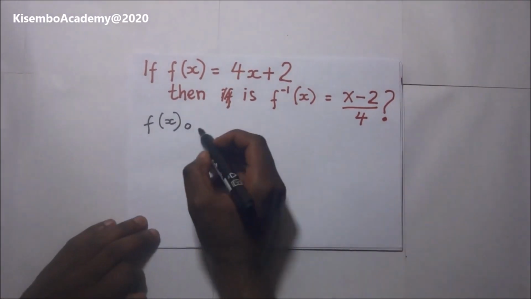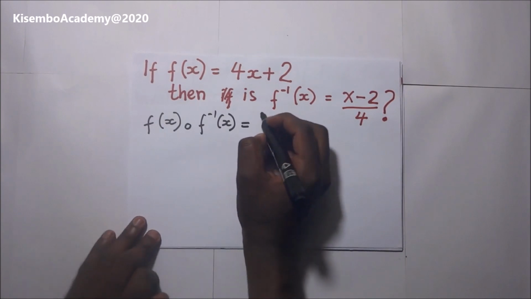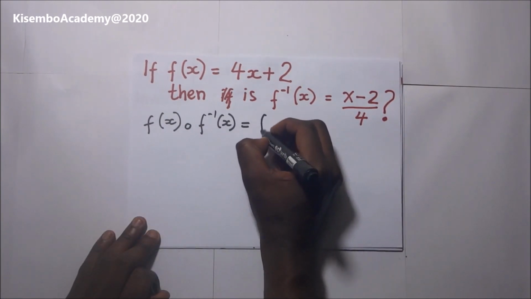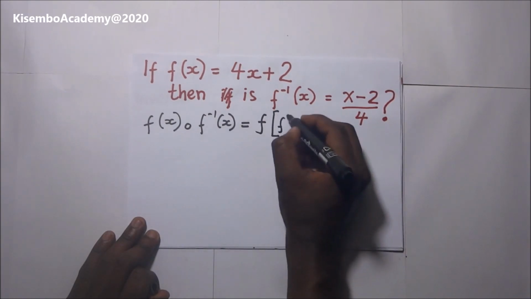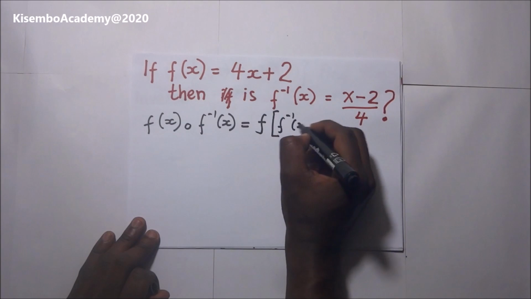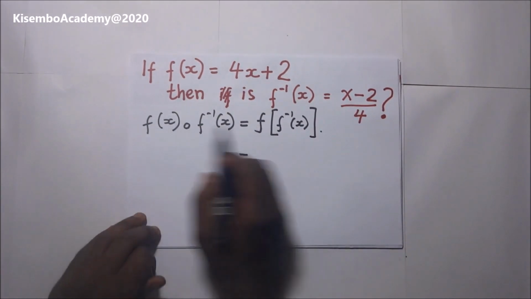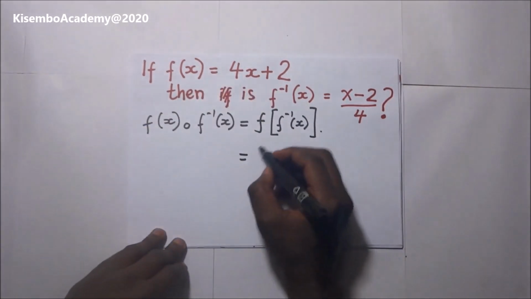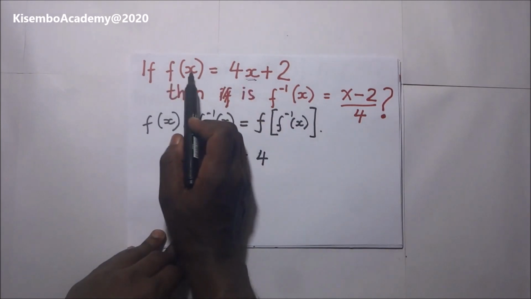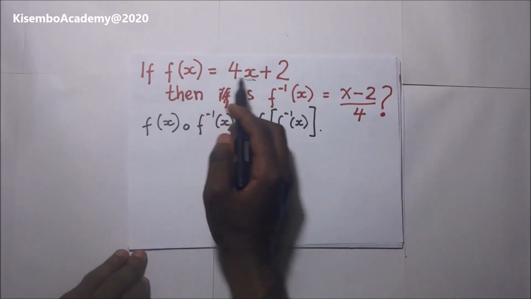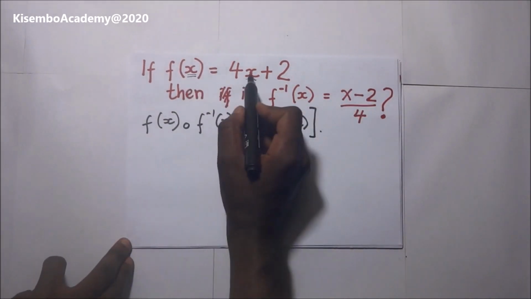So f of x composite its inverse is interpreted as the function where the input is its inverse. We know f of x is 4x plus 2, so in the place of x we put the inverse.